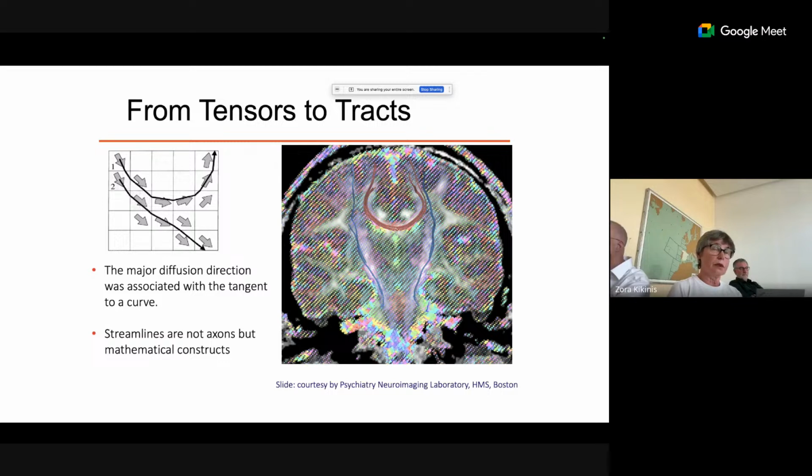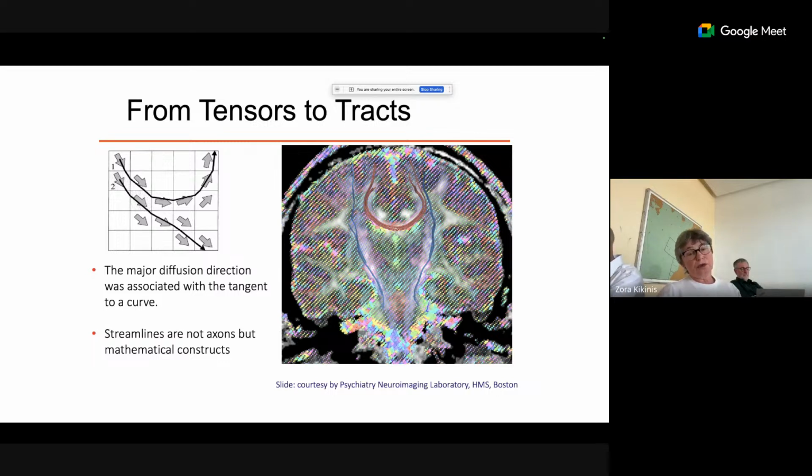And most important, the track that we ran from the voxel number 1 is represented by the tractography in red, and this is the corpus callosum. On the other side, the track that has been reconstructed from voxel 2 is the one in blue, and this is the corticospinal tract.